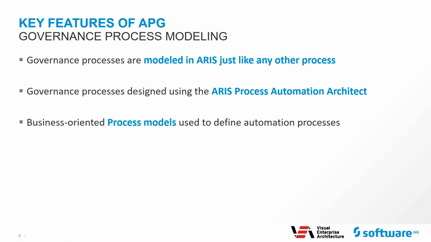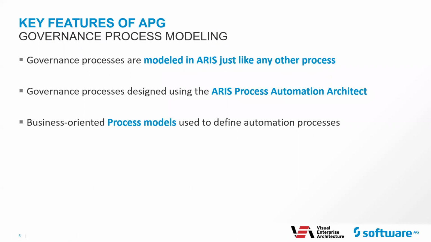So what are the key features of APG around governance process modeling? So governance processes are modeled in ARIS just like any other process. Okay, we typically model the overall governance process using a value chain diagram that controls the high-level process flow.